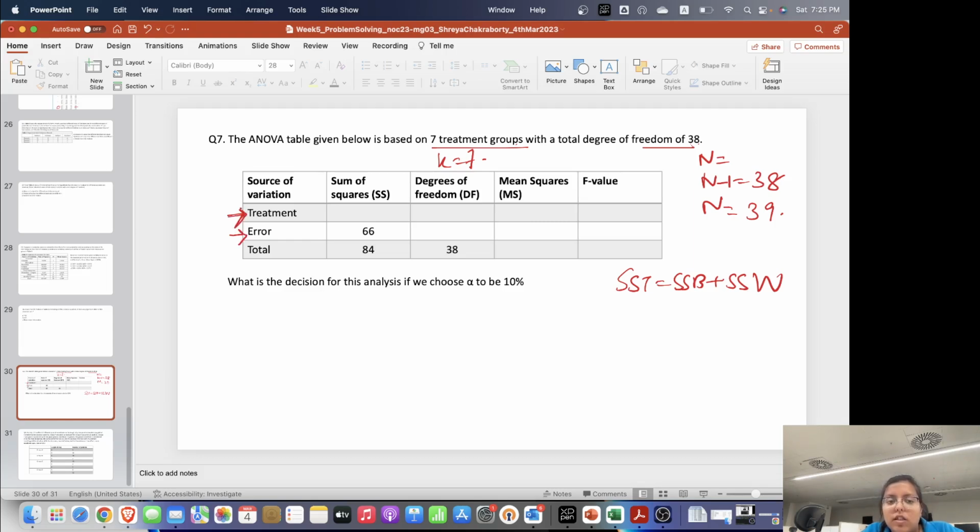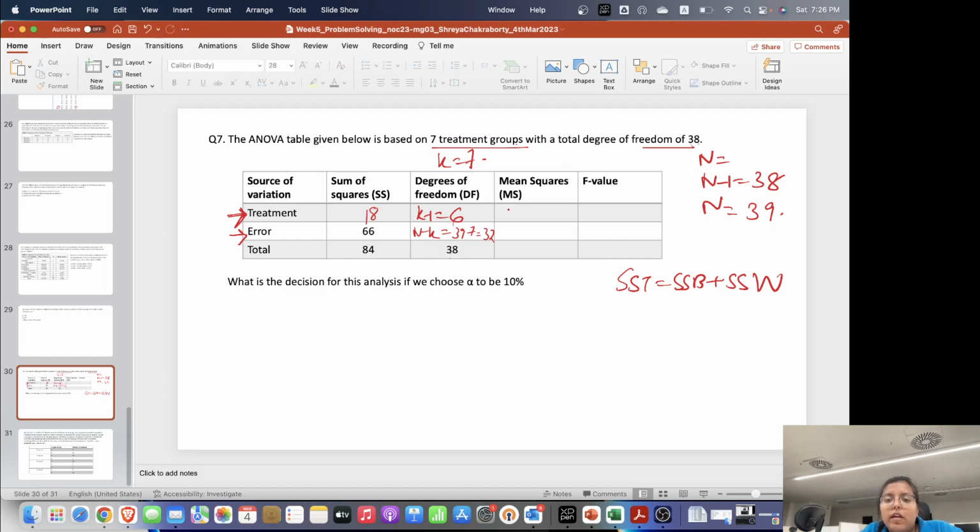So treatment will be 84 minus 66, which is 18. Degrees of freedom will be K minus 1, that is 6, and n minus k, 39 minus 7, that is 32. These add up to 38.